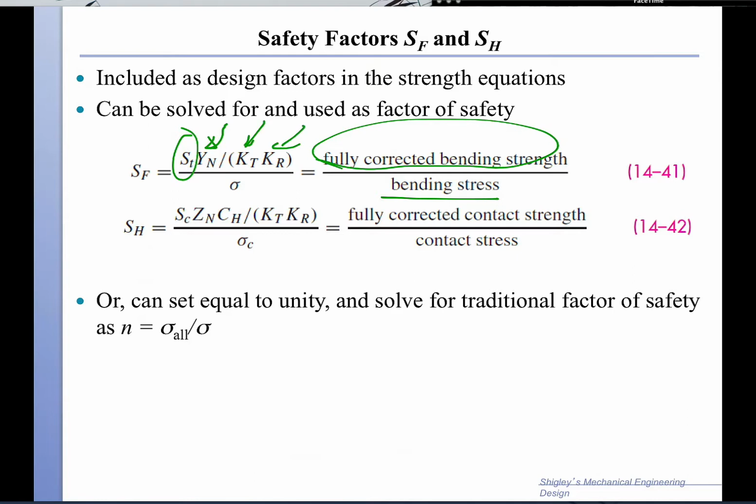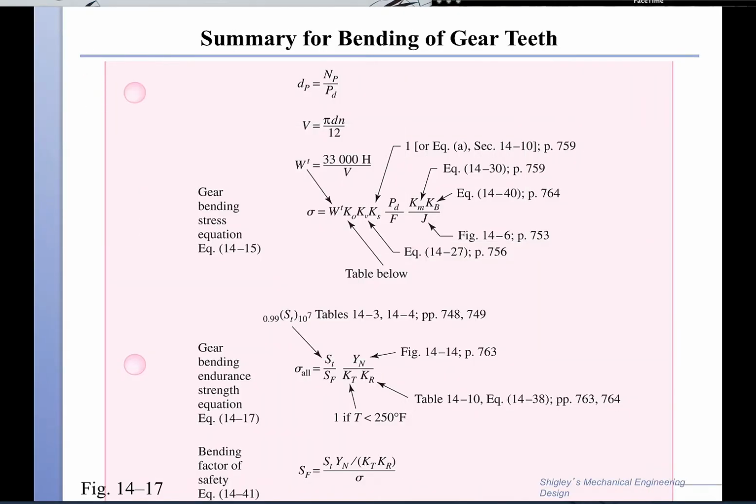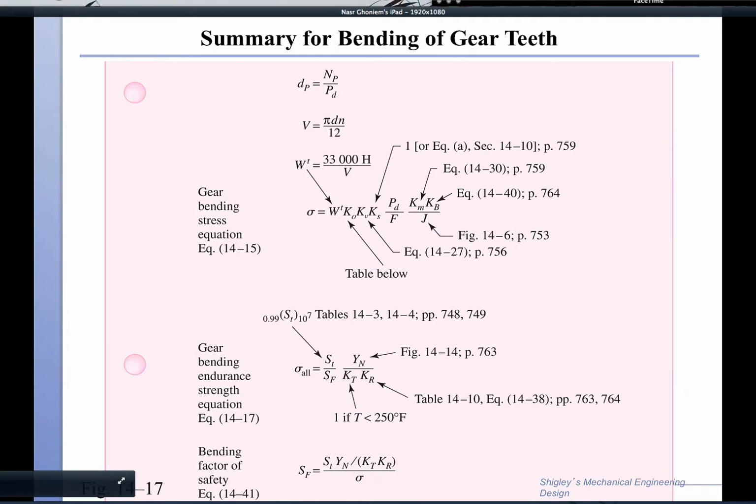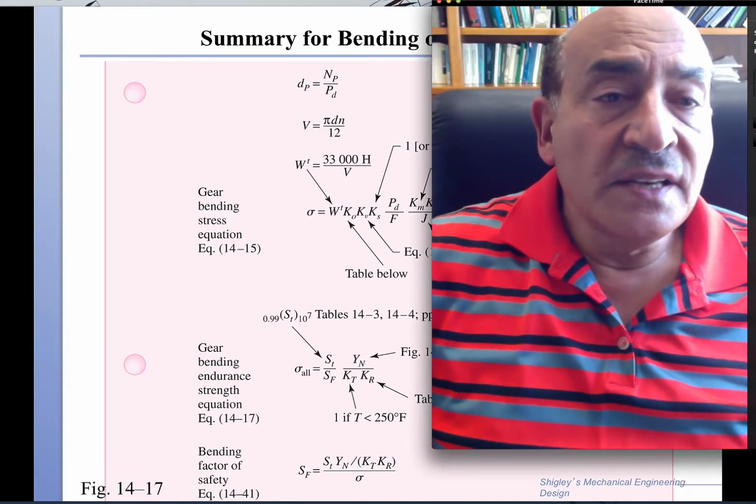Once you make the corrections with those, then you can compute the safety factor for bending or for contact in here. So once we do that, I think we now have the ingredients to make a gear design based on the AGMA method.